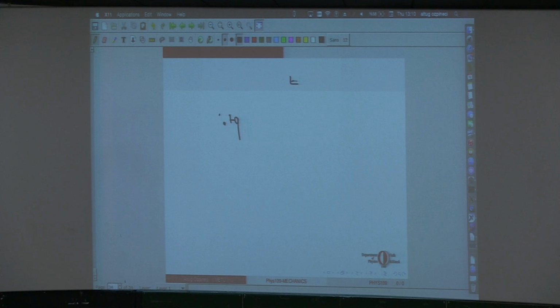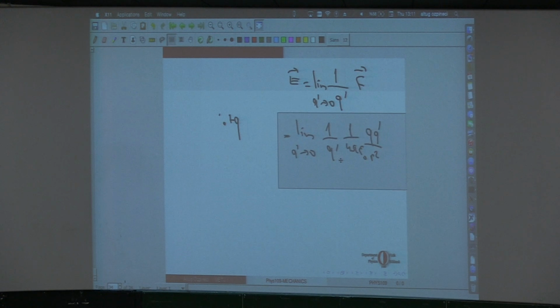I remember the definition of the electric field is 1 over, let's call it Q prime, I'm just placing some test charge somewhere, limit as Q prime goes to 0 of the force that this charge will feel. So that is the limit as Q prime goes to 0 of 1 over Q prime, times 1 over 4 pi epsilon 0, Q Q prime divided by R squared in the radial direction.